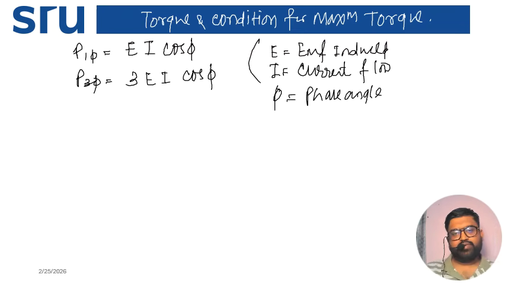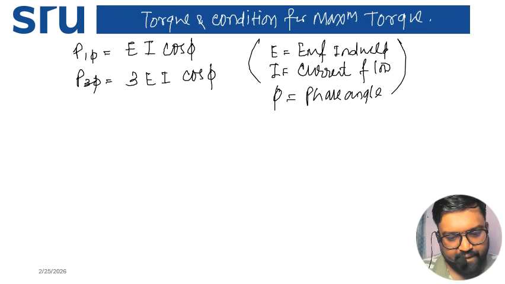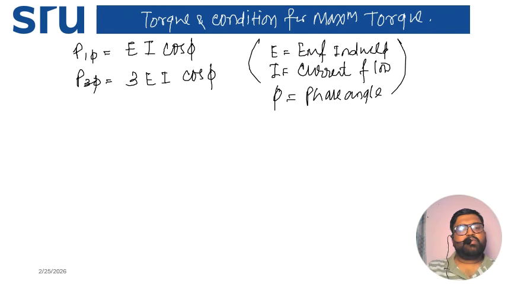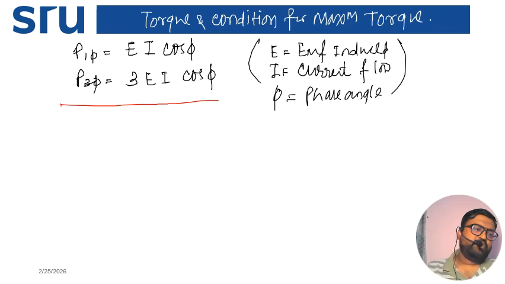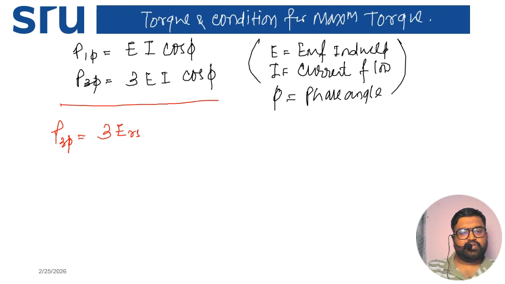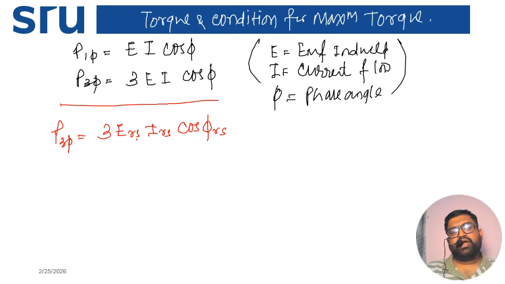Now I am talking about the output power. The output power I can write in this form: P three phase for induction motor is 3 into ERS into IRS into cos phi RS. ER means rotor EMF at slip S. Mark this as equation number 1.